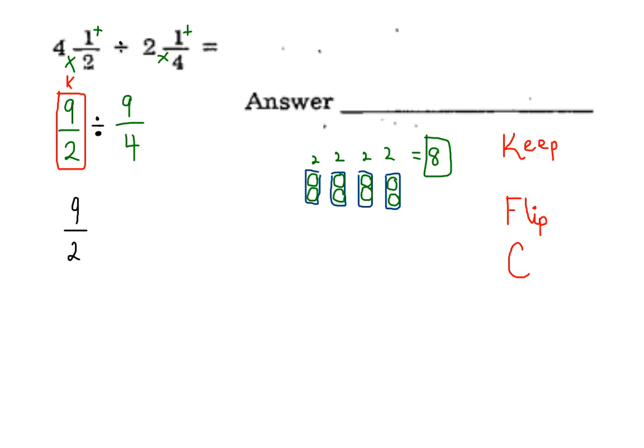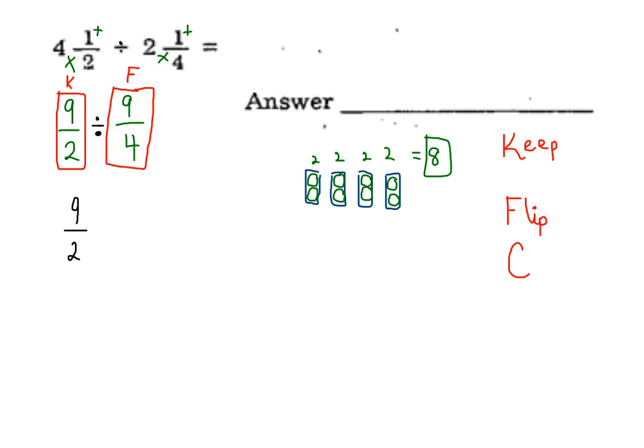So when we say flip, we mean to turn over, right? So we're going to turn over the second fraction. Flip this fraction. What would you flip it into? If we turn it over, write the denominator on top and the numerator on the bottom.